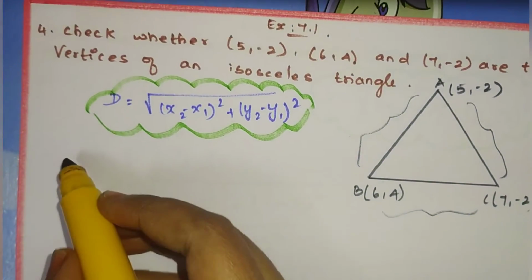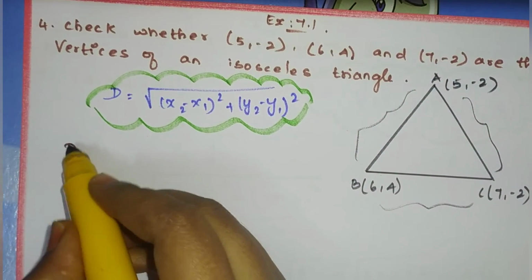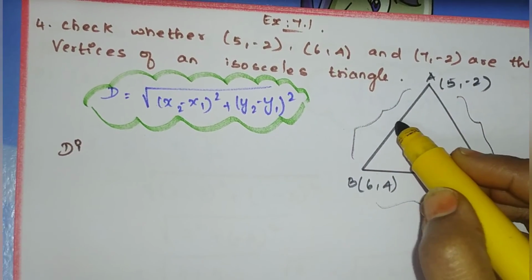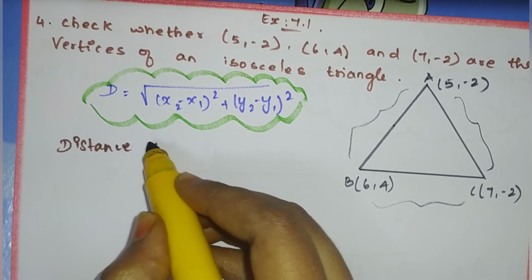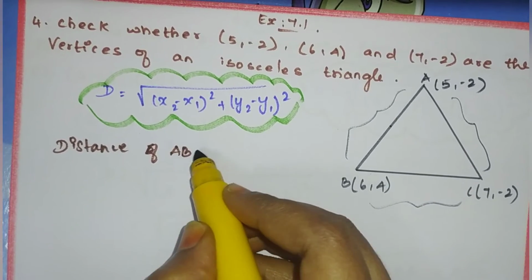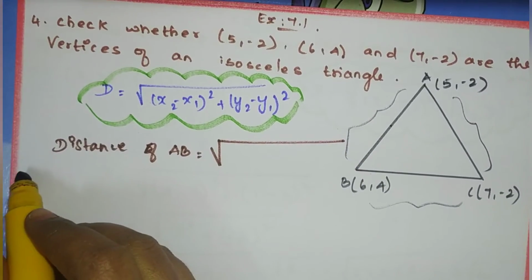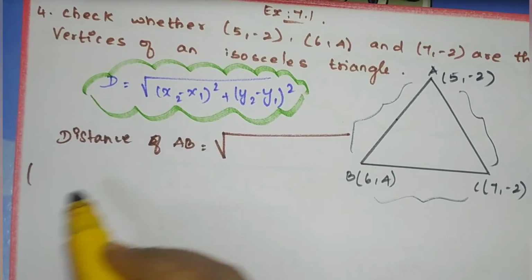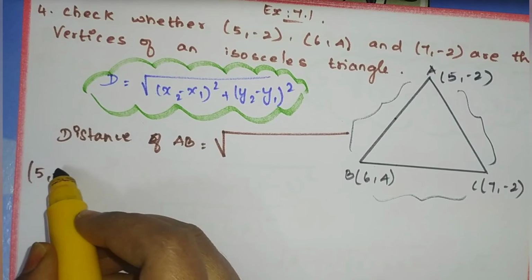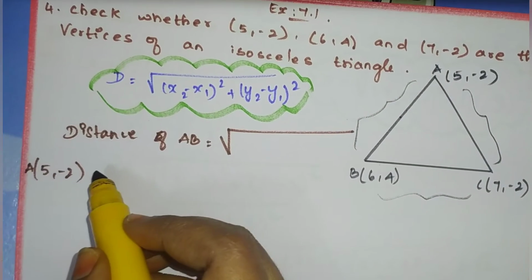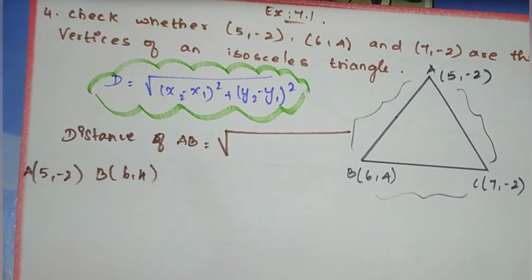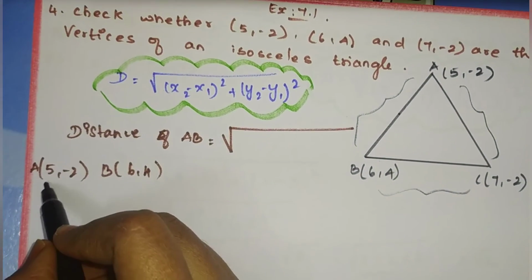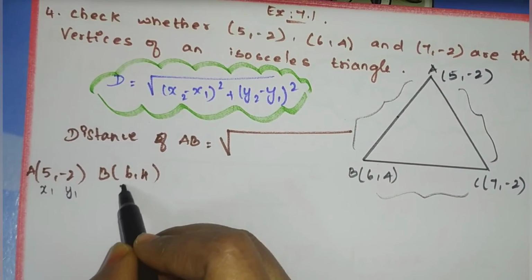First I am going to find this side, the distance of AB, equal to root of. Write the points: A is (5, -2) and B is (6, 4). Next write x1, y1, x2, y2.